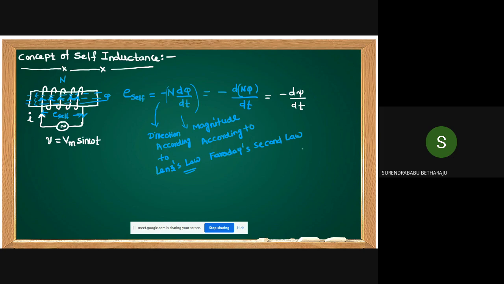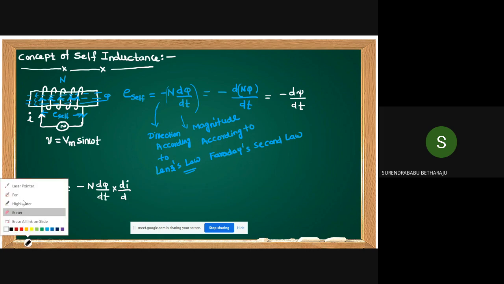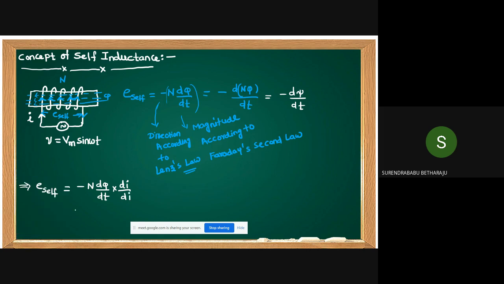But here I want to define the self-inductance. To define the self-inductance, I'm modifying the equation like this. E self equals minus N into dφ by dt. Please multiply and divide with di. Small modification here in order to define the self-inductance.